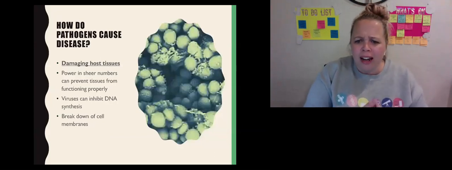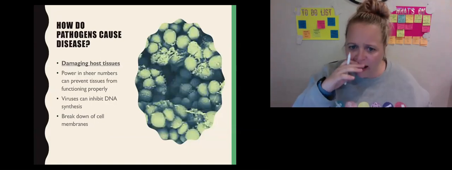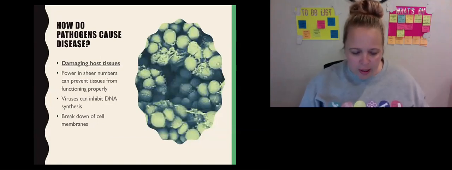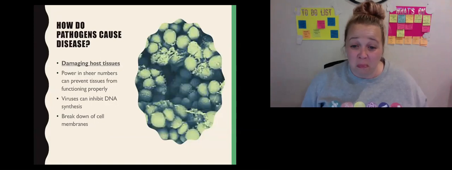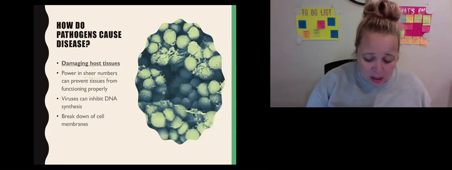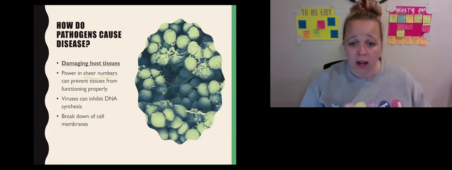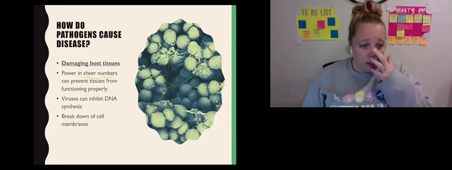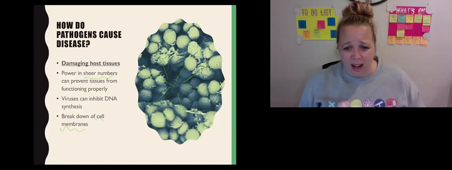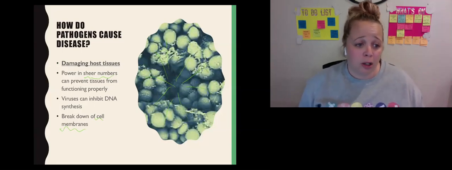So when we were talking about how does it actually cause disease, we talked about them gaining entry and colonizing and resisting your defenses. But some of the ways it can do it is it can just barrel through. So you can get sheer numbers, and they just multiply and multiply and multiply. And every time they multiply, they're going to damage and push apart your host tissues. They can also do things like break down your cell membranes, which is pretty nasty. But that's a way that they can cause the disease and the damage in your body.